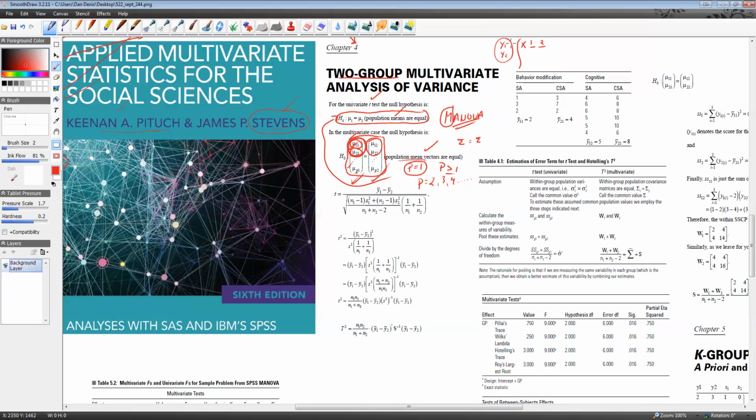Notice how this is the same idea as when we flipped it around and had X1, X2, and Y of the previous stuff we did before the break. The problem that we just looked at before the break was taking p equal to 2, the X1 and X2, to use the terminology that James was using, to predict or classify into groups. And we said this problem gets complicated because we have more than one predictor.